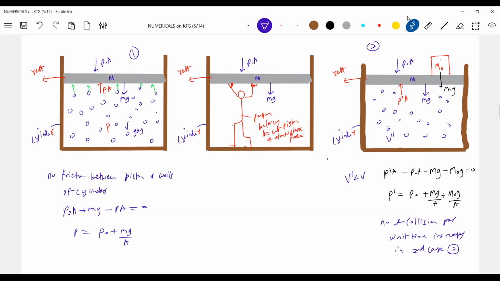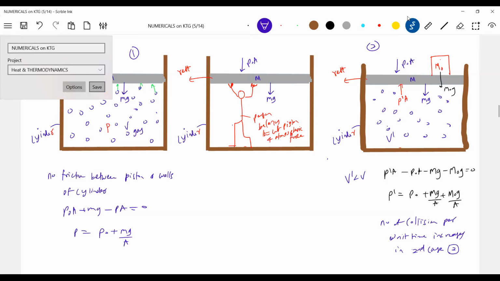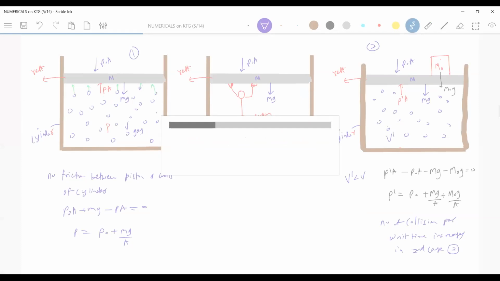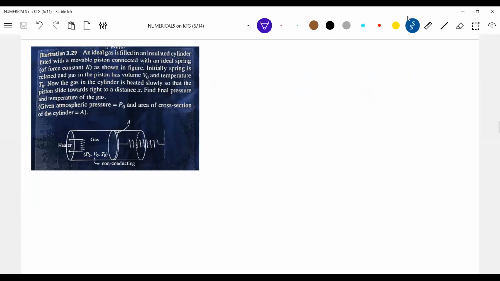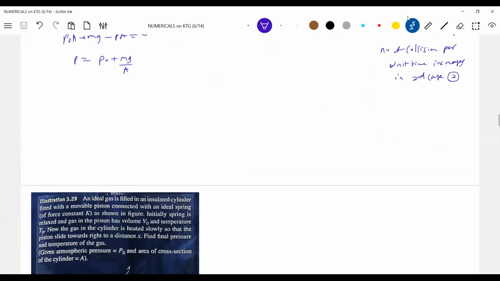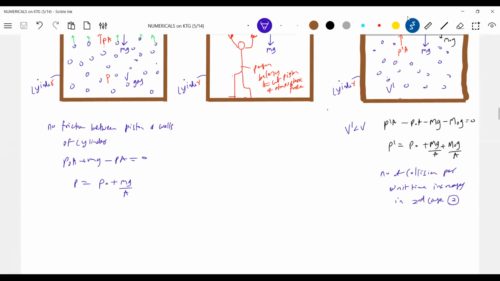This is how we have to think. What is the pressure of gas? It is due to collision of molecules. That's all. Now, pressure force can balance weight mg, tension, spring force, friction, atmospheric pressure, anything.